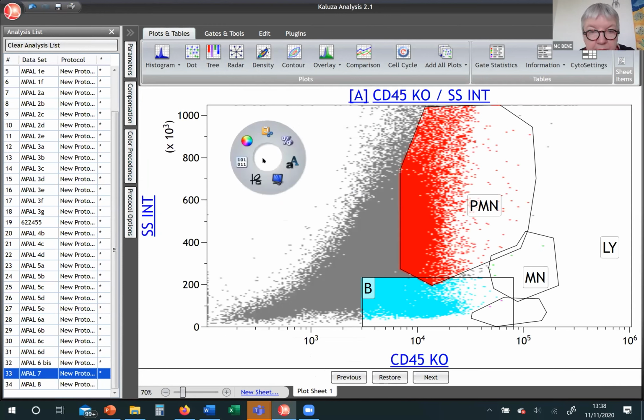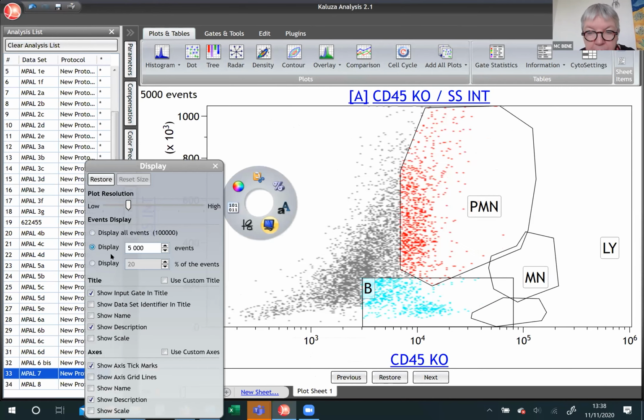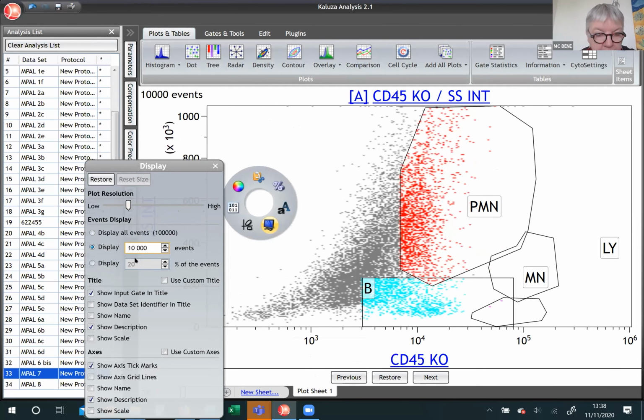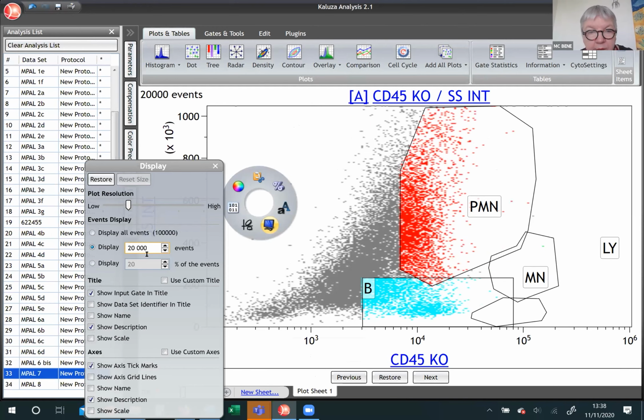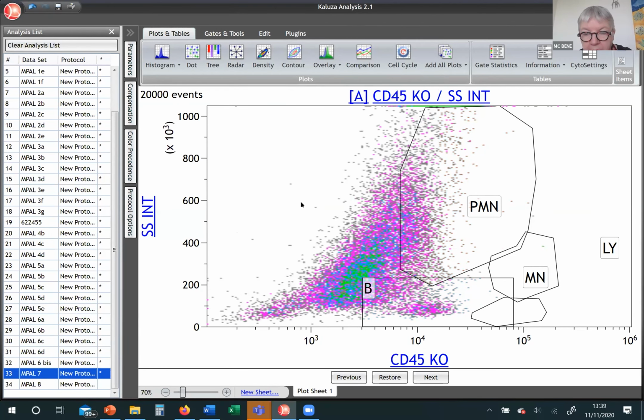There are 2 things that I wanted to do. One is to only show part of the population because it's going to make things easier. So maybe I will make 10,000, maybe 20,000. And then I will also use this banded coloring to see where my populations are. And indeed, this is a population of blasts, which is almost evoking an M3, but not really.